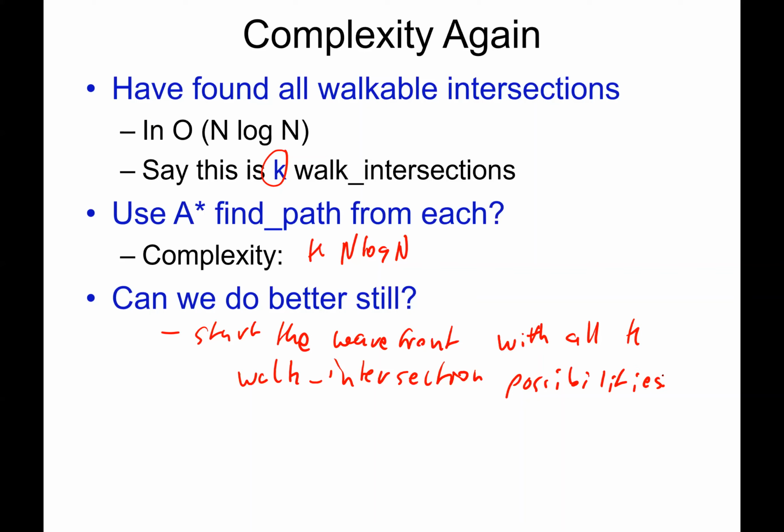So again, your code doesn't change very much, but you just change how you think about the algorithm. Instead of saying I start here, you say these are all possible starting points.